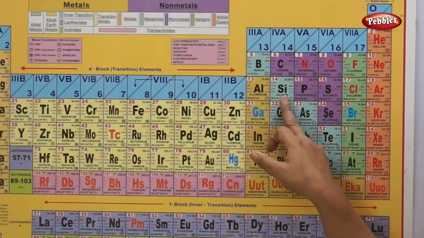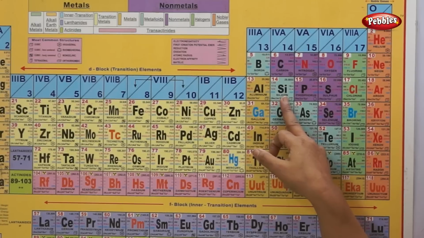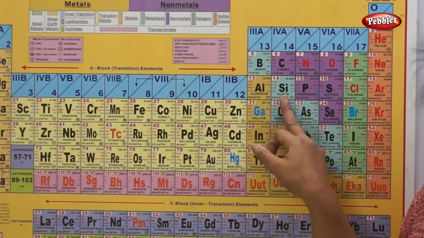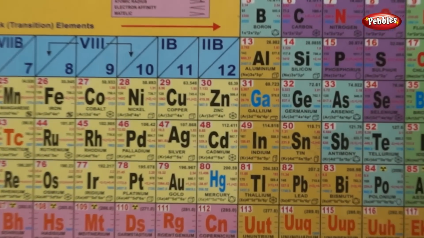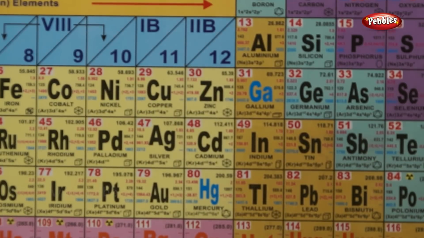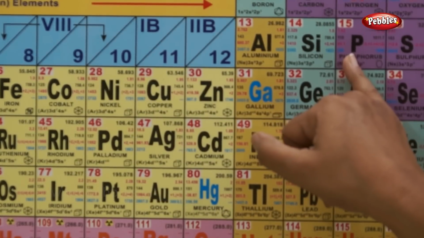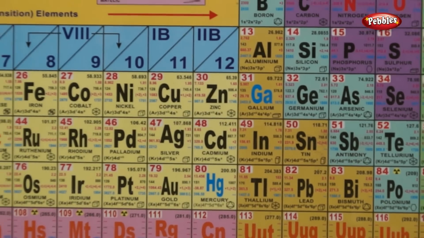Come to silicon, the atomic number is 14. If I ask how you will distribute it in the electronic configuration, you will say 2, 8, 4. That means the 4 electrons are being shared with others. So the valency becomes 4. Now come to the next one, phosphorus. Atomic number is 15.